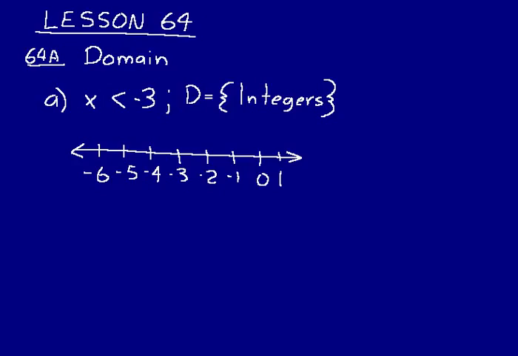So we put a dot at -4, then we can put a dot at -5 and at -6, and then we'll shade in the arrow to show that we are continuing on to the left. So that is the representation of x less than -3 when the domain is integers.